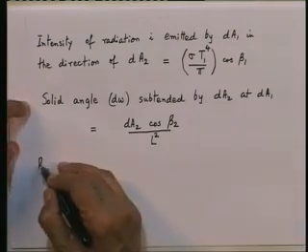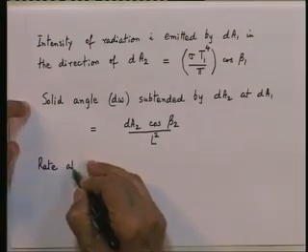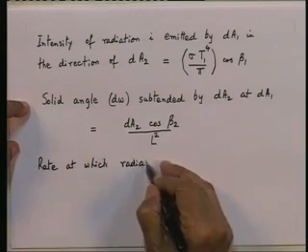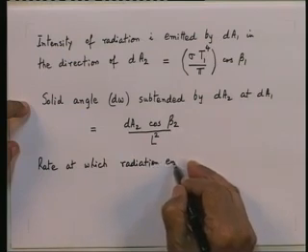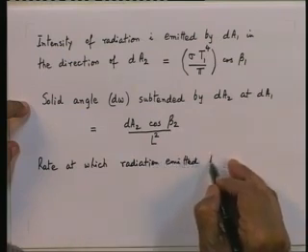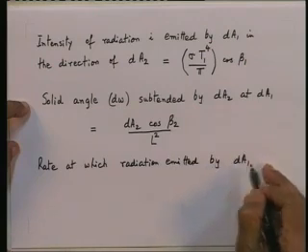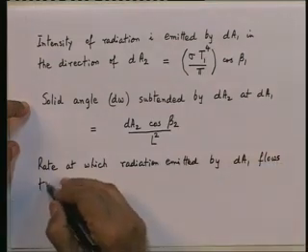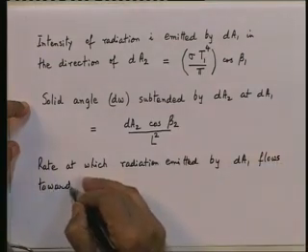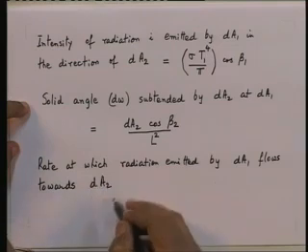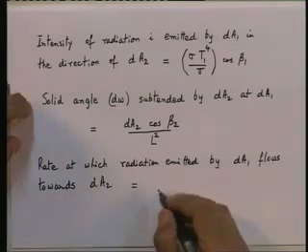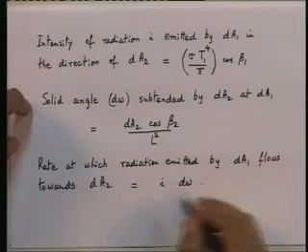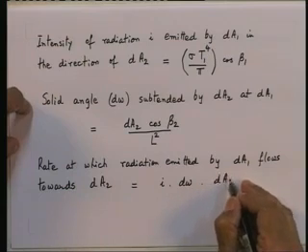Therefore, the rate at which radiation emitted by dA1 flows towards dA2 will be nothing but equal to I, the intensity, multiplied by d omega multiplied by the area dA1.